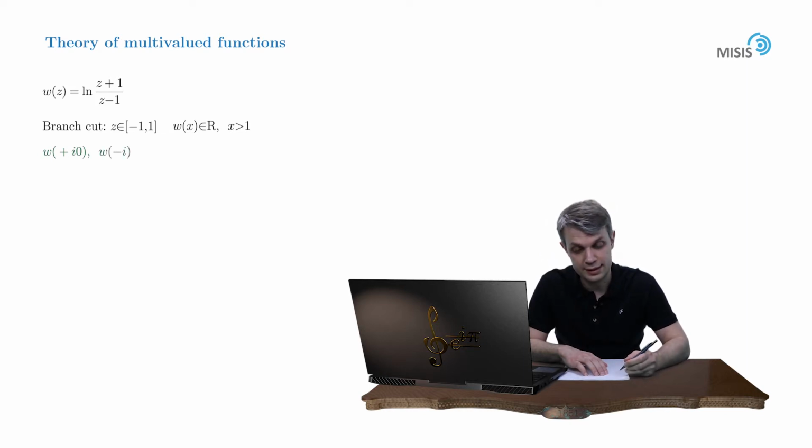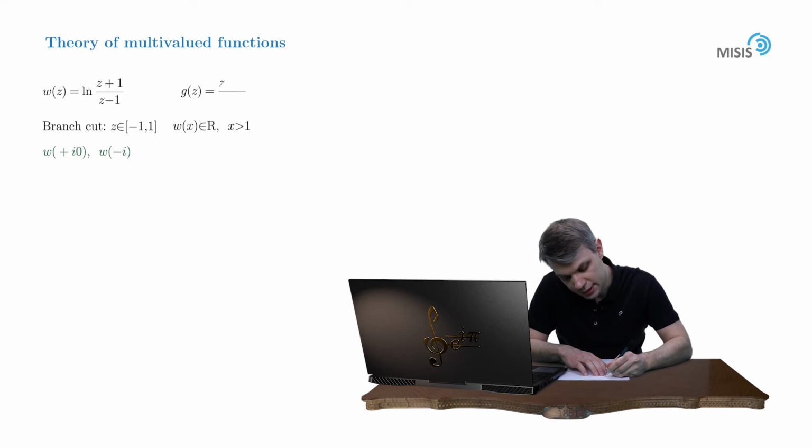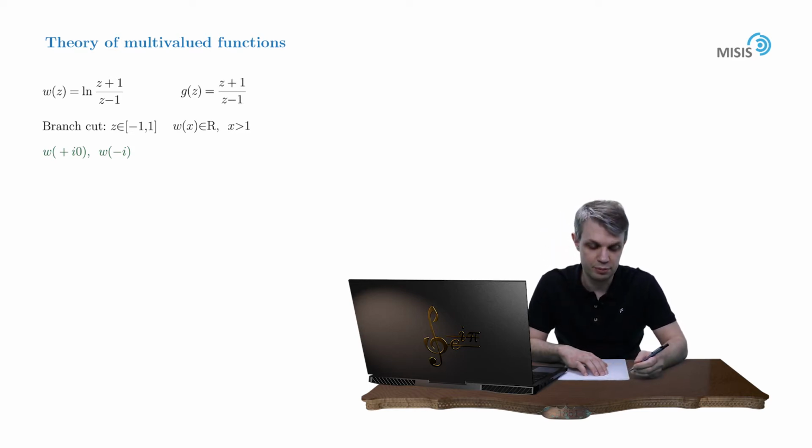Well, first of all, let's consider our function under the logarithm. We denote it g of z, and it's (z plus 1) divided by (z minus 1). It has a zero at point z equals -1 and a pole at z equals 1. As a result, those are the branch points of our log function. So the branch cut connecting them seems to be perfectly legitimate.